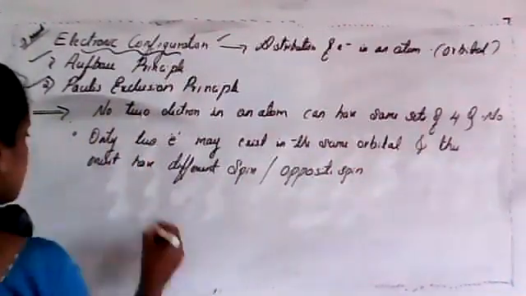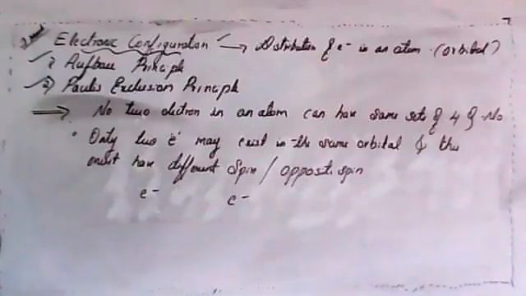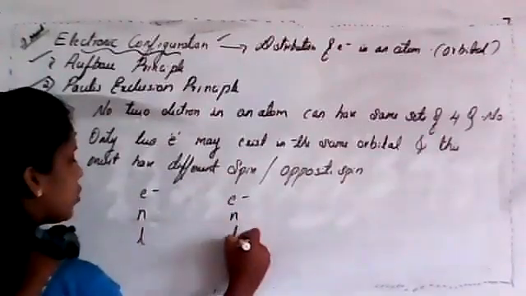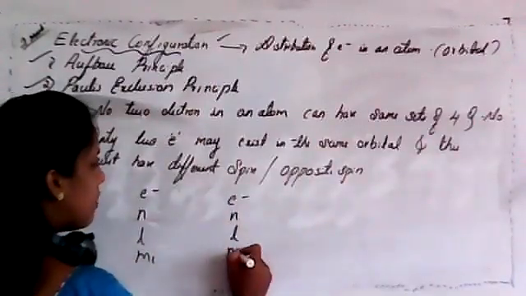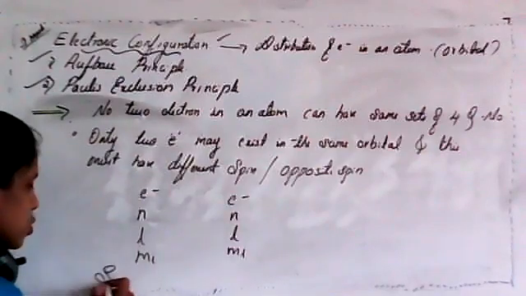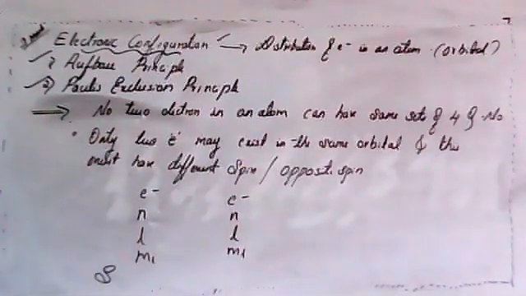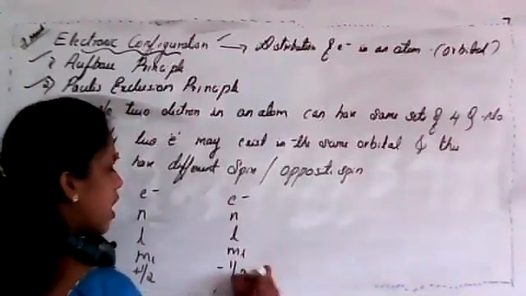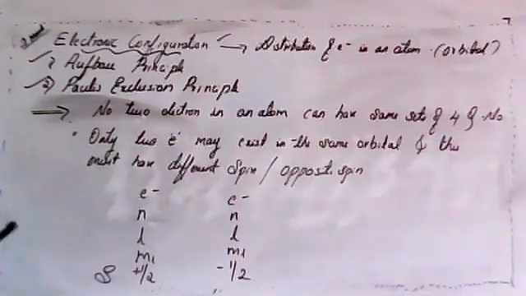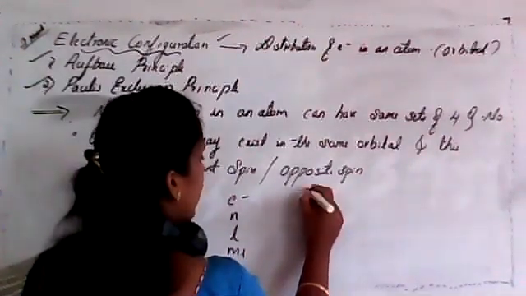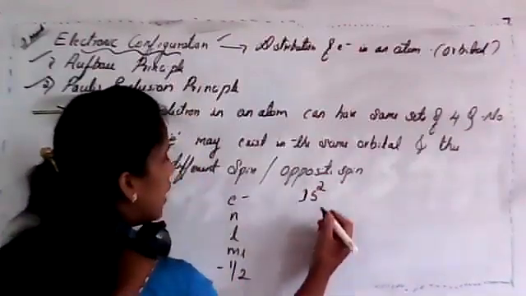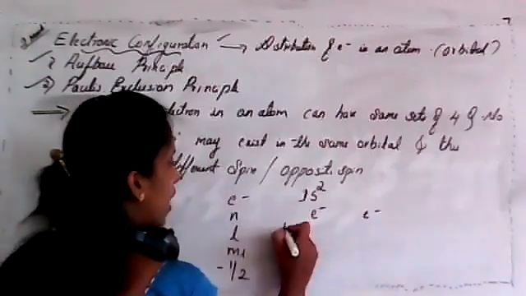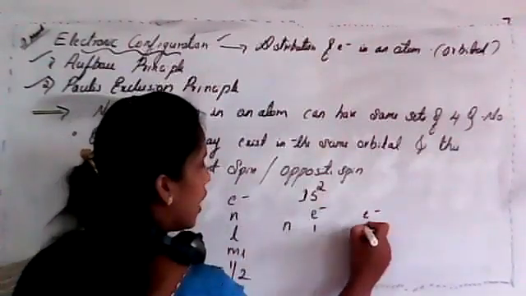So now I'll consider two electrons. In that case, n equals n itself, l equals l itself, ml equals ml itself. But when it comes to s, that is the spin quantum number, one must have clockwise, another must have anti-clockwise. If I consider 1s which contains 2 electrons, the first electron, second electron, isn't it? The value of n for 1s is 1 and 1.